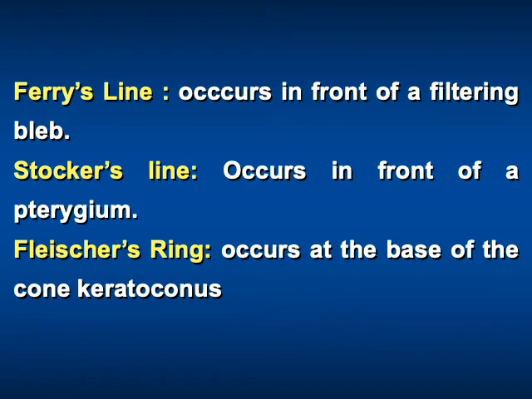Ferry's line occurs in front of the filtering bleb. Stocker line occurs in front of a pterygium, and Fleischer ring occurs at the base of the cone of keratoconus.